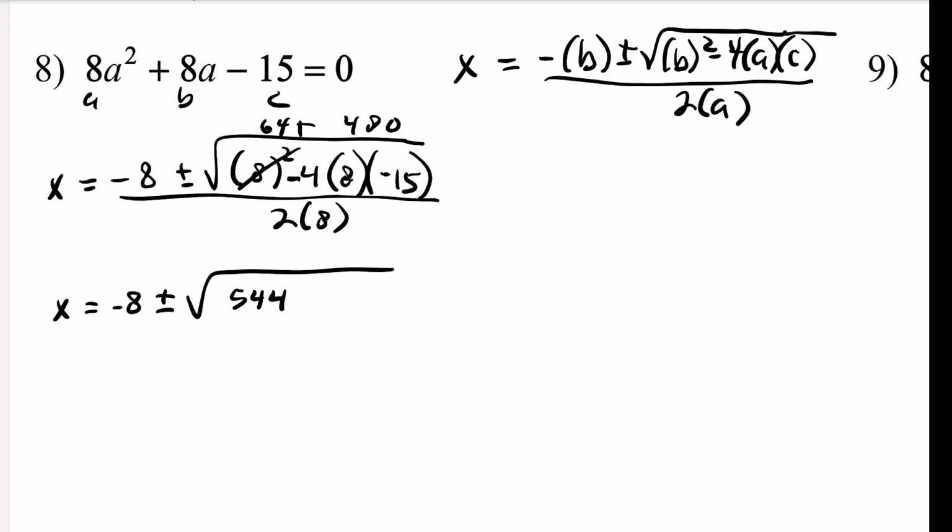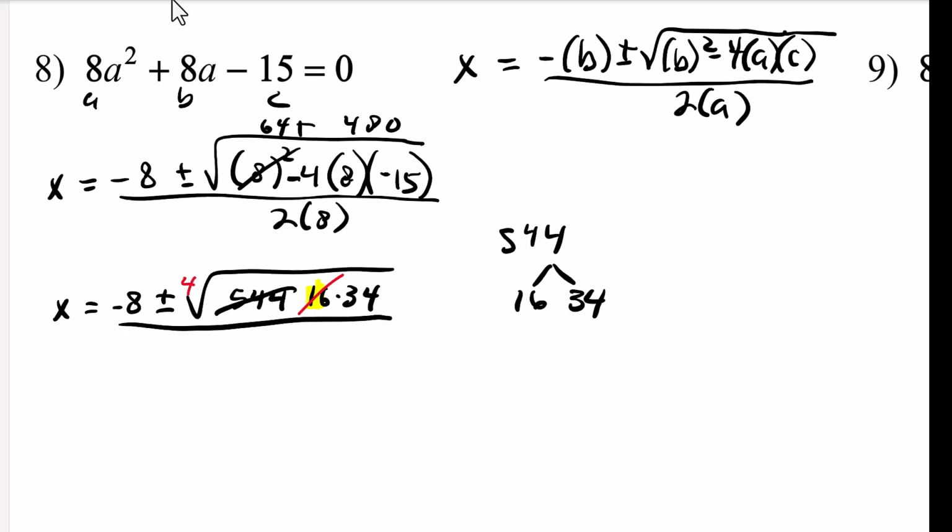I don't believe 544 is a perfect square. It is not. So we're going to do factors. First thing I'm going to try is I'm going to divide that by 16. Ah, that works. So we can rewrite 544 as 16 times 34. And then the square root of 16 is 4. And all of that is over 2 times 8 is 16. So x is equal to negative 8 plus and minus 4 root 34.